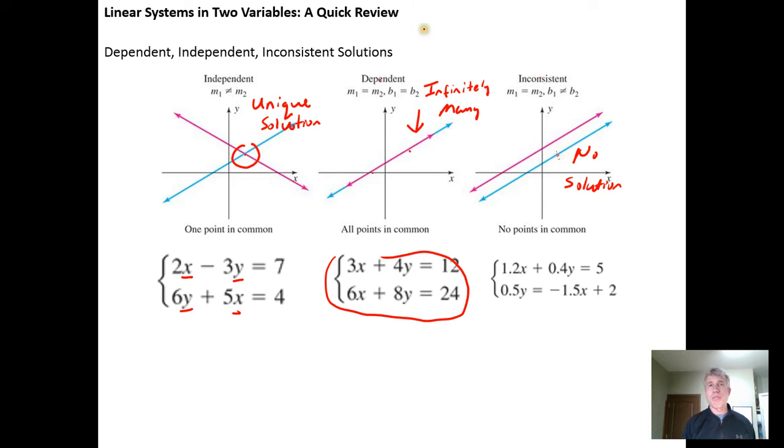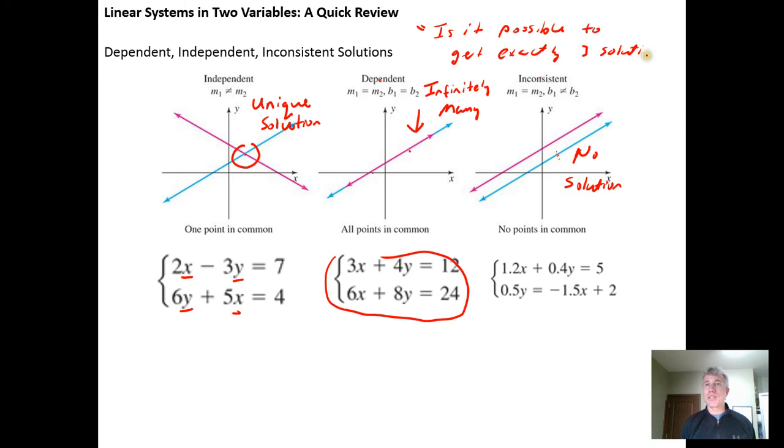So for example, if I asked you the question, is it possible to get exactly three solutions?